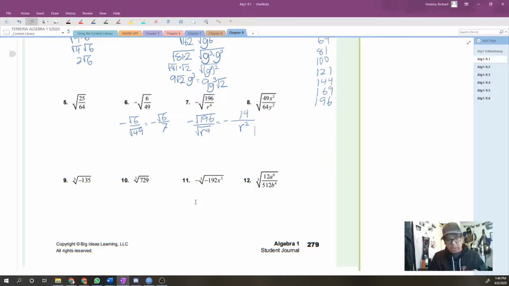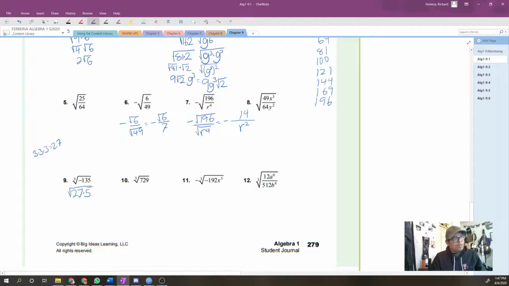Okay, we're getting into cube roots. These are just like square roots, but the rule is you need to find a perfect cube. So 135 is the same thing as 27 times 5. 27 is the same thing as 3 times 3 times 3, so 27 is what we would call a perfect cube.